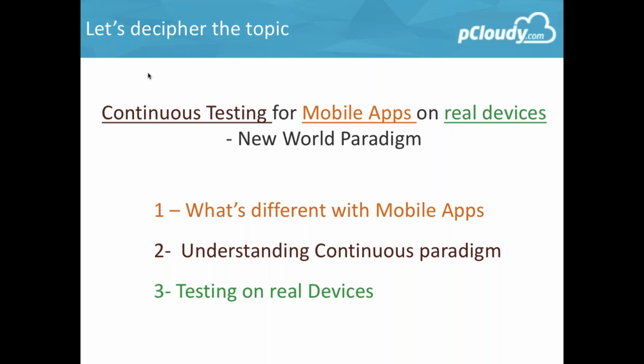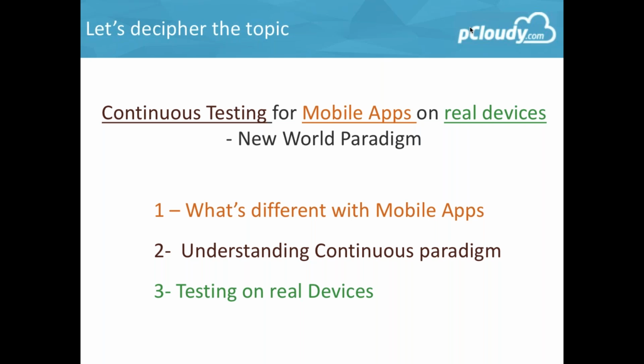Let me give you a sense of what this topic is all about. We are talking about continuous testing of mobile apps on real devices, which is the new world norm in today's scenario. I'm going to talk about this topic in 3 broad areas. The first one, I'll try to cover some latest trends around mobile apps and why mobile apps have become so critical in today's scenario.